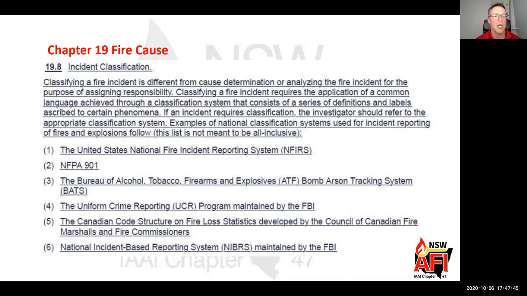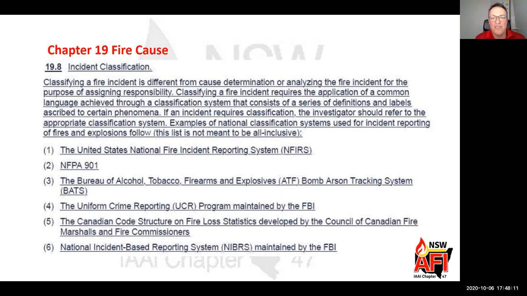No? Cool. So, Chapter 19, incident classification. Classifying a fire incident is different from the cause determination or analysing the fire incident for purposes of assigning responsibility. Classifying a fire incident requires the application of a common language achieved through a classification system that consists of a series of definitions and labels ascribed to certain phenomena.